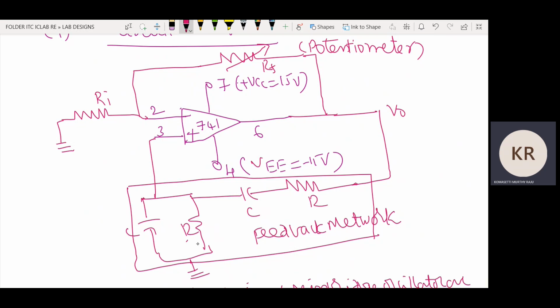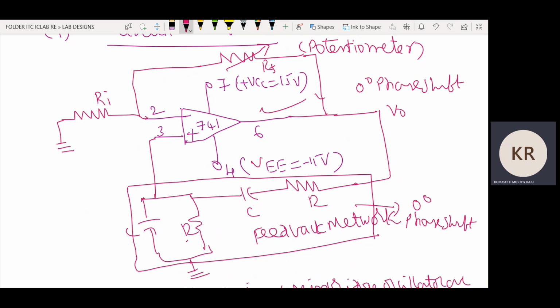The lead and lag network combination introduces 0 degrees phase shift, because this feedback network consists of 2 R elements and 2 C elements. This is the amplifier network, which is in non-inverting mode, and the non-inverting mode introduces 0 degrees phase shift.